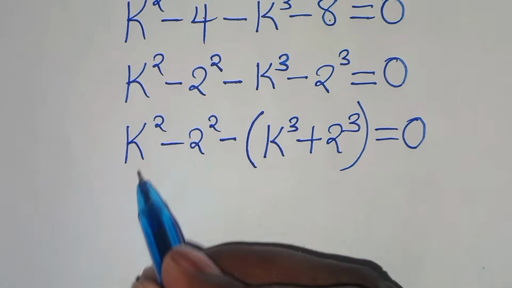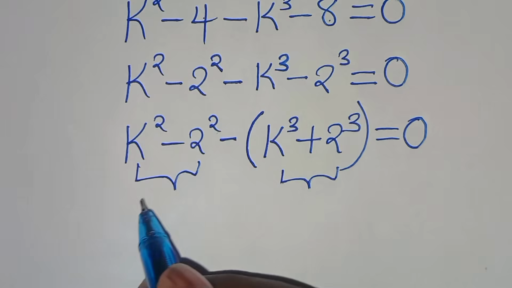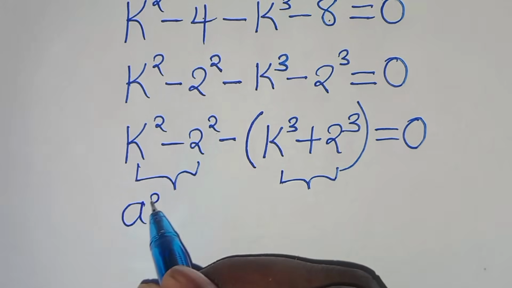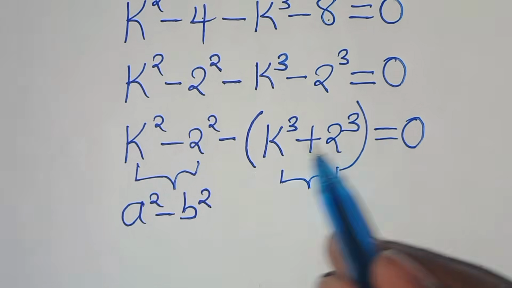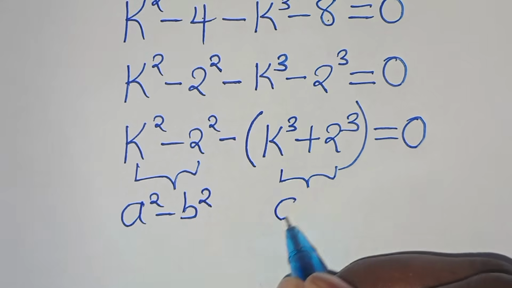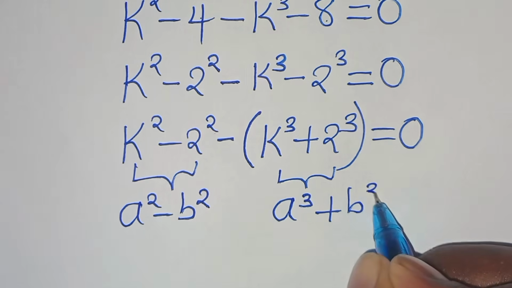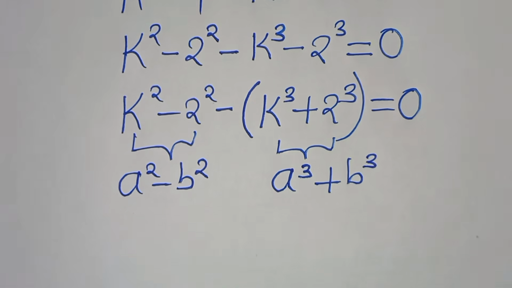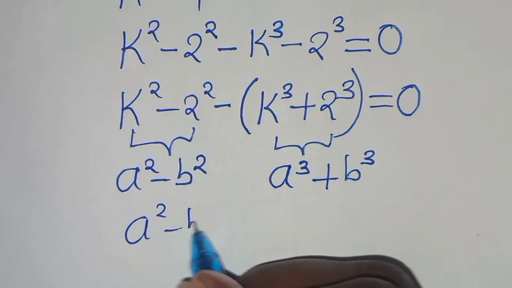We have got two parts here. The first part is the difference of two perfect squares expressed as a squared minus b squared. The second part here, this is the sum of two cubes expressed as a to the power of 3 plus b to the power of 3. Now, this is a squared minus b squared.